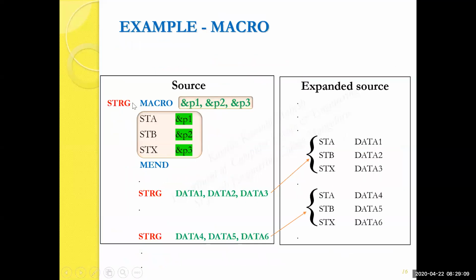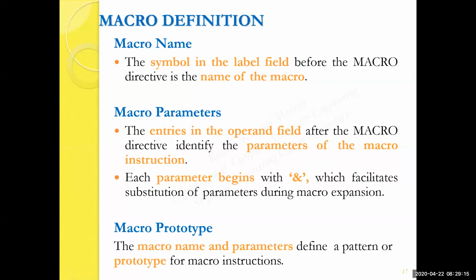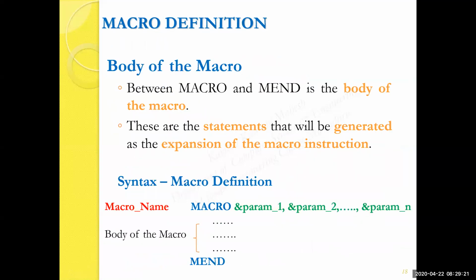The name of the macro along with the parameters define a pattern named as a prototype for macro instructions. All the statements that follow the directive macro till end is referred to as the body of the macro, and as I mentioned, these are statements that will be generated as a part of macro expansion.